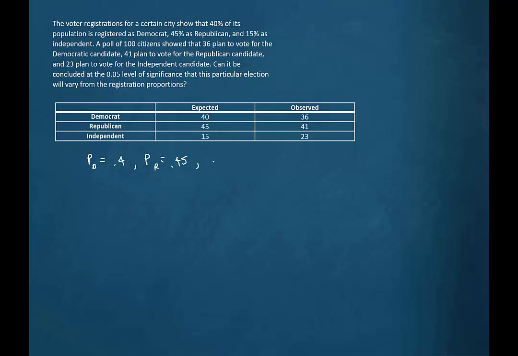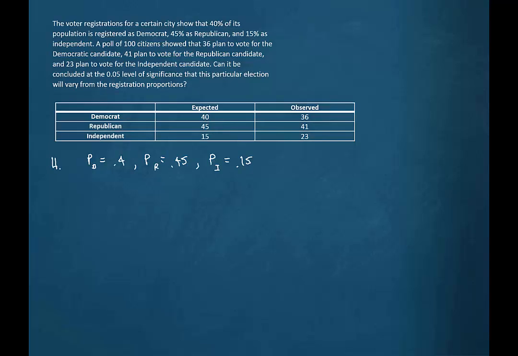And the proportion of those who vote for the Independent candidate would be 0.15. This is what is expected. These are the proportions. If we go by the registration proportions, this is what should be seen in the election.